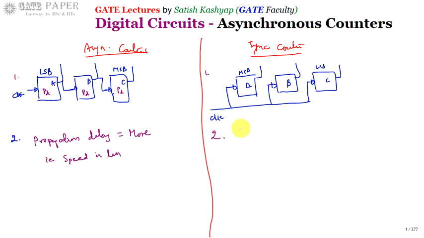Compared to the asynchronous counter, the propagation delay is less, and less propagation delay means more speed. That is, synchronous counters are faster than asynchronous counters.